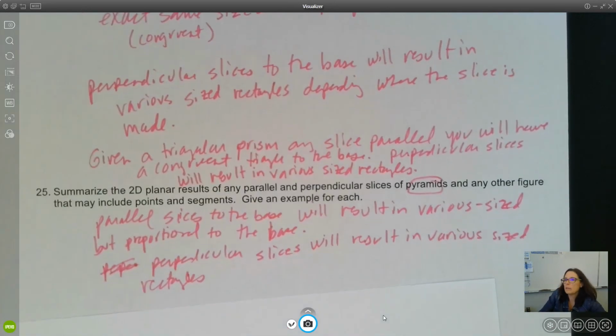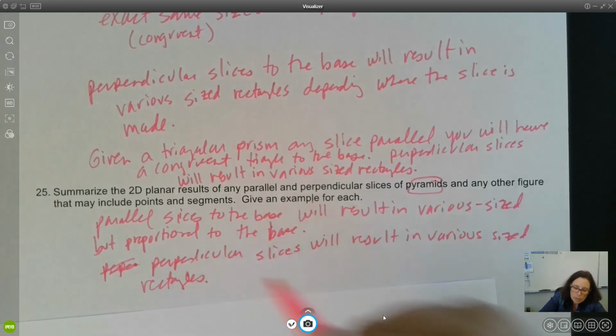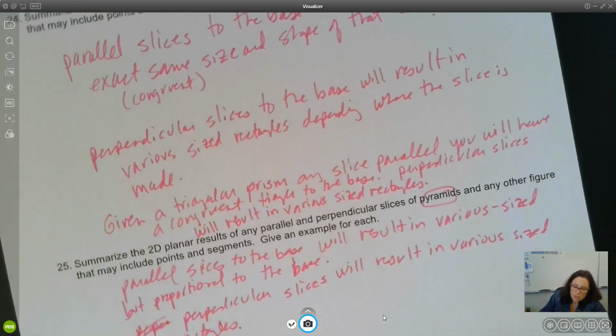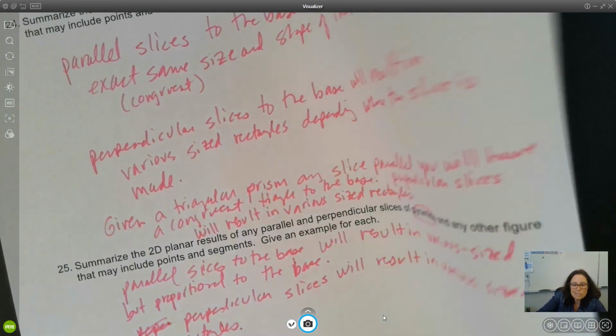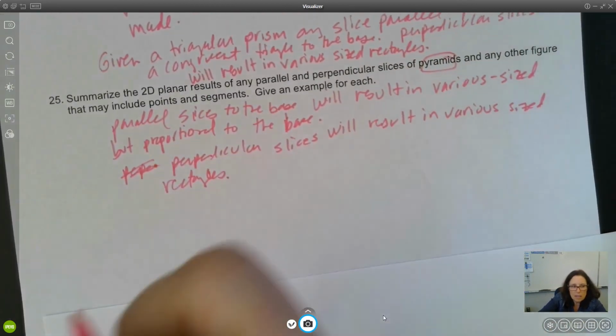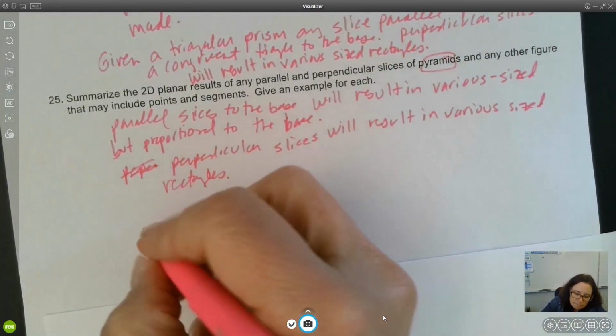Keyword perpendicular. The moment we put a slant on it is the moment we start getting trapezoids, triangles, just different kinds of shapes. So picture a square.